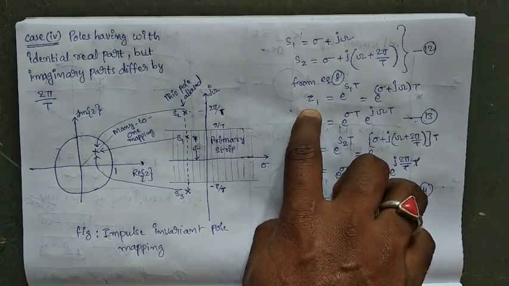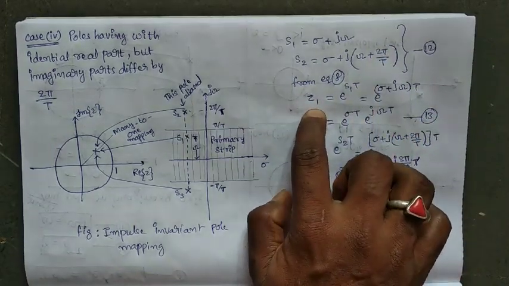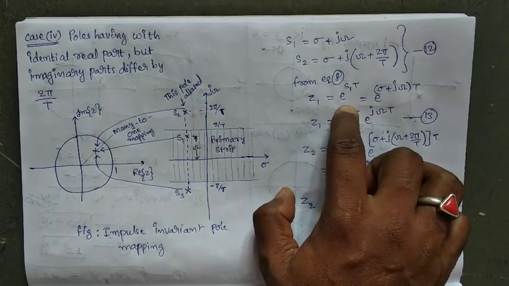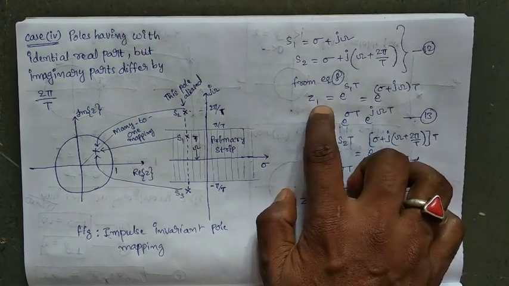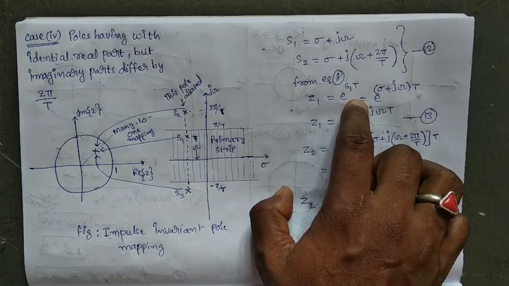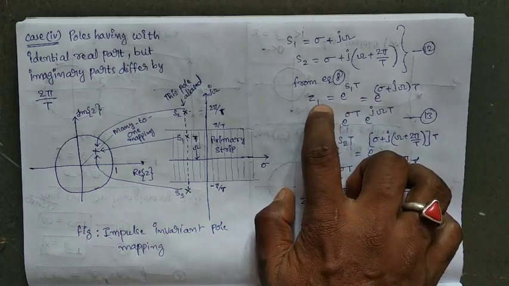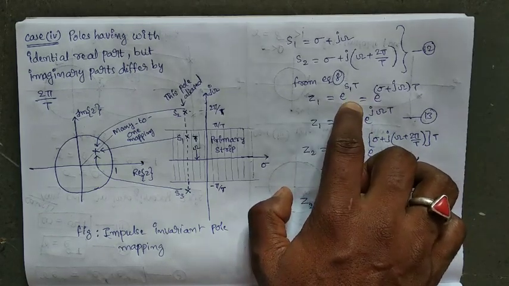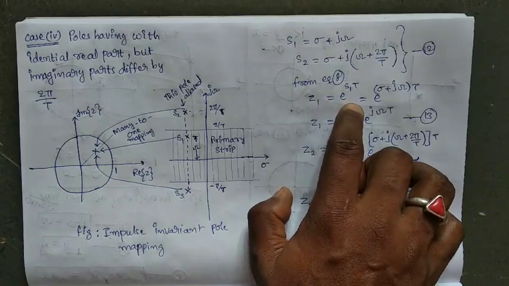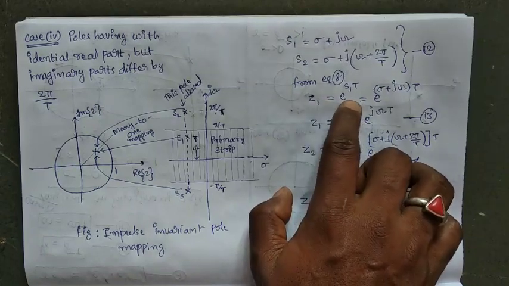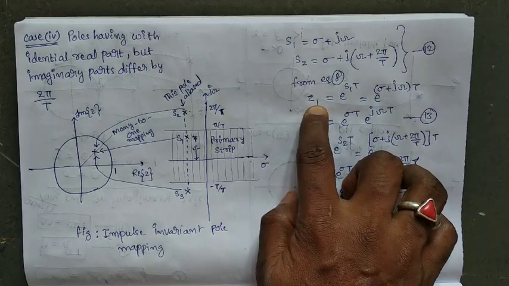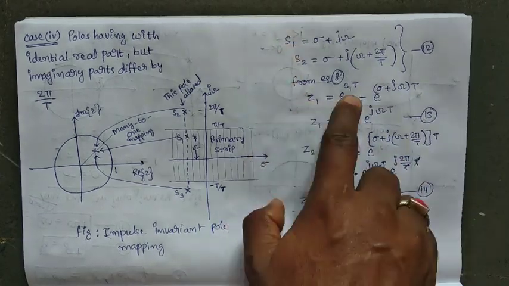Now we obtain the relation between the Z domain and the S plane: Z is equal to e power sT. Now we determine Z1 in terms of the pole S1.